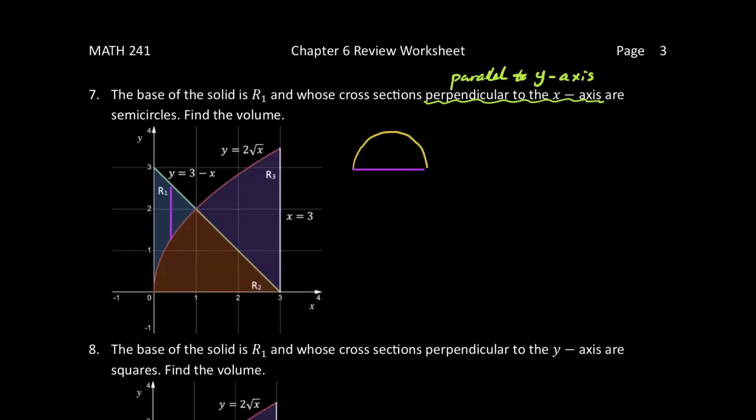And what is that distance? The diameter is equal to top minus the bottom. So that's the diameter. That's the length of that segment. Okay, once we know the diameter, we can find the area of that semicircle.